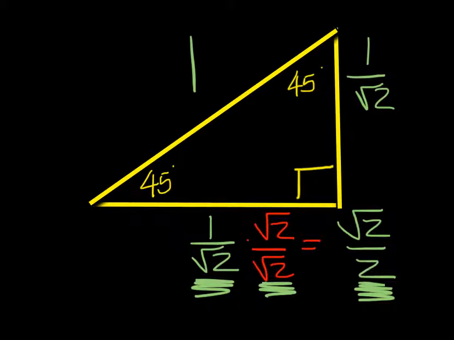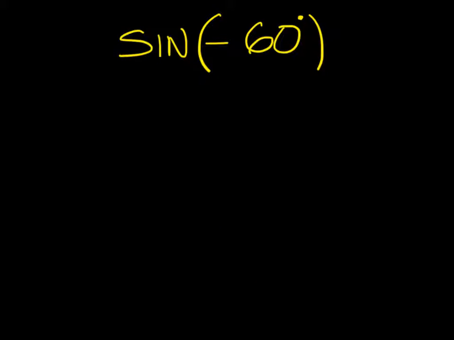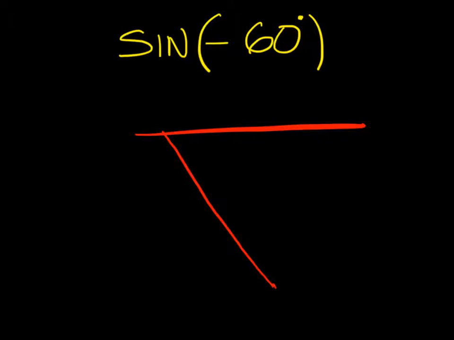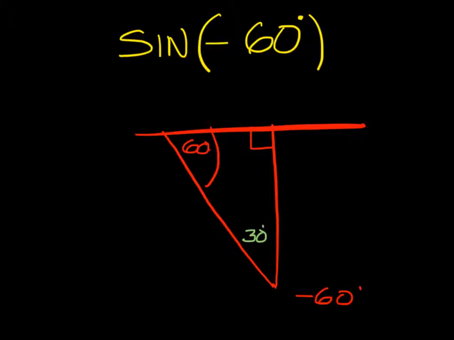If you wanted to find sine of 60 or negative 60 degrees, remember what quadrant you're in. Starting at 0 degrees, you go back 60, like that. This would be negative 60 degrees, which makes your reference angle 60 degrees. Here's the right angle. This would be a 30-degree angle.